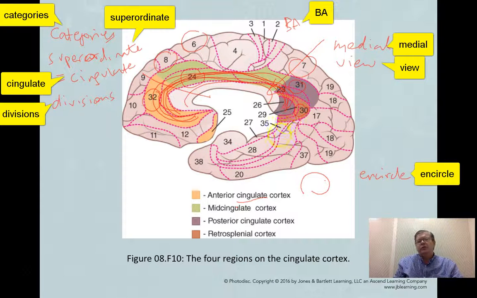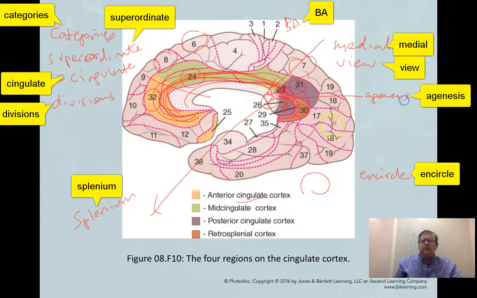This is because the splenium of the corpus callosum is located here. That's the back section of the corpus callosum here. This is an area that unfortunately can show developmental agenesis. That means the splenium doesn't develop.